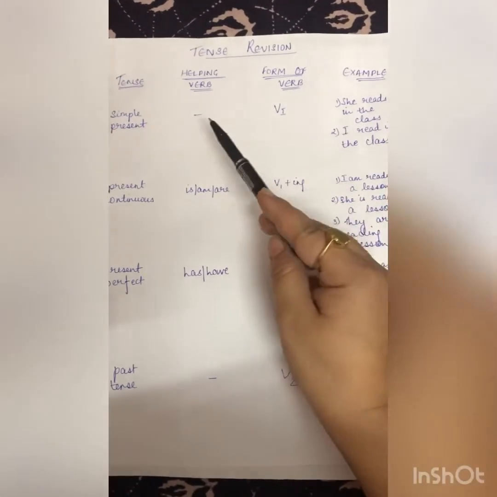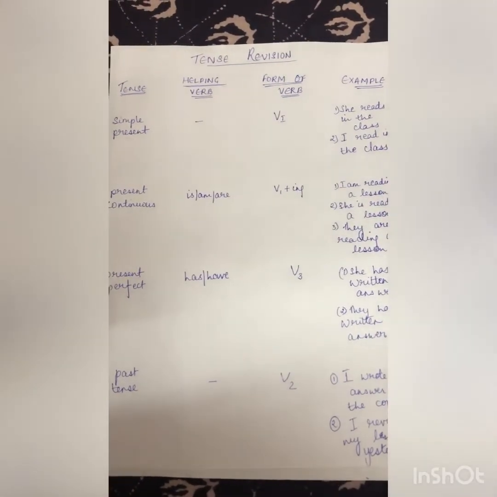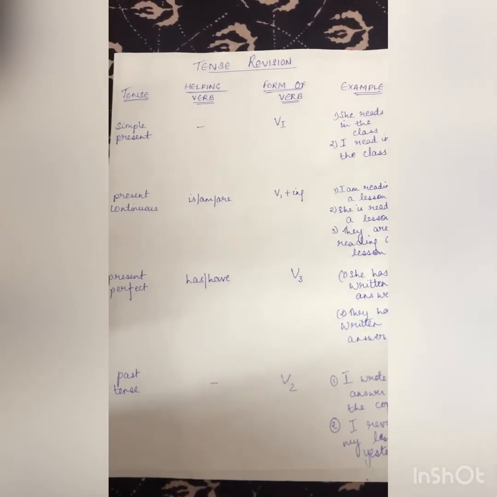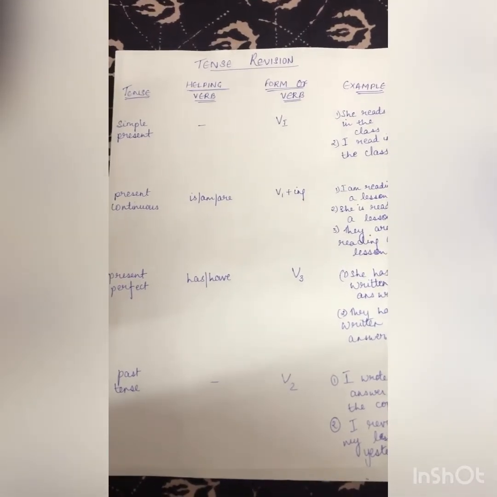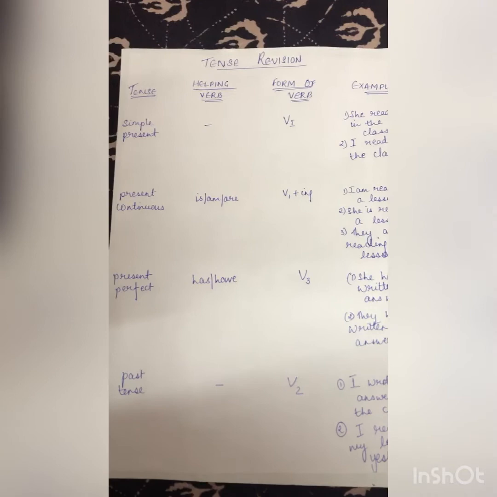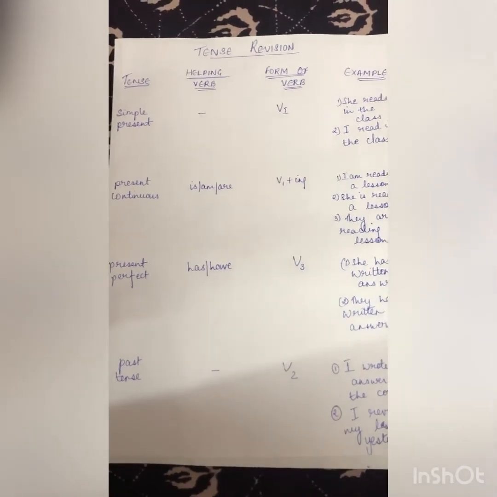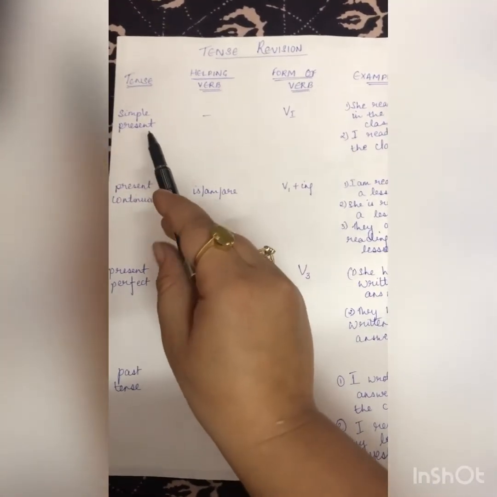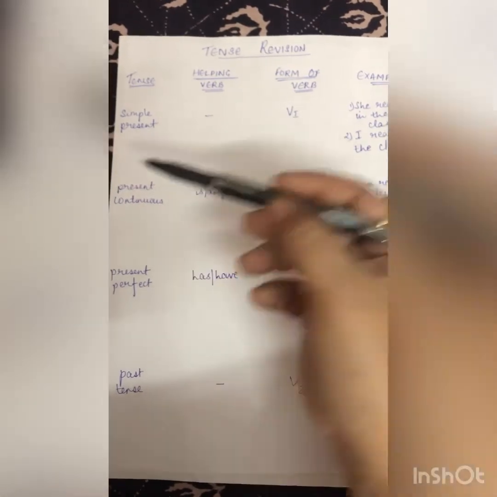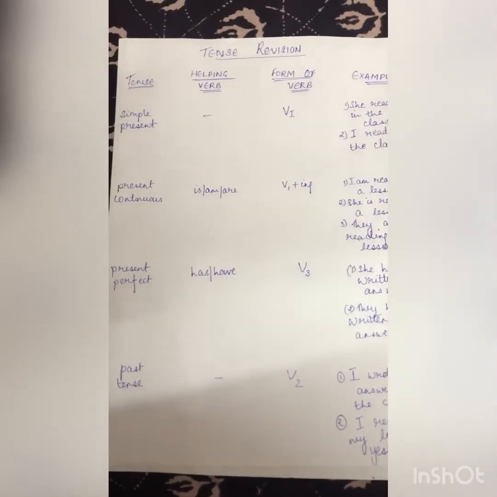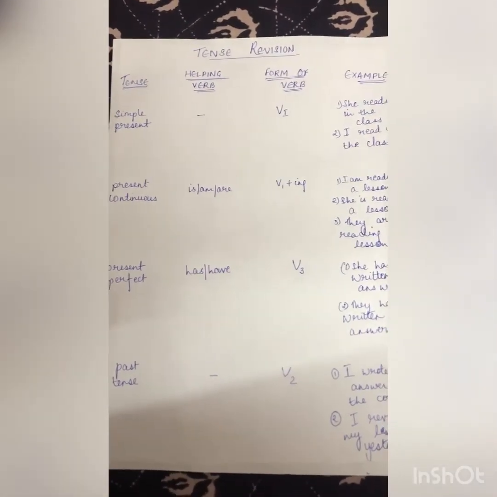Now to start with simple present tense, children. When do we use present tense? Present tense, children, in simple present tense, is used for actions which are done as a matter of habit, or actions that are done repeatedly.